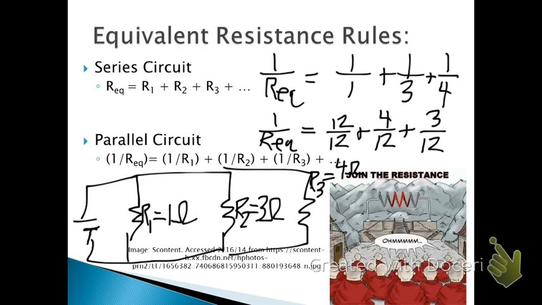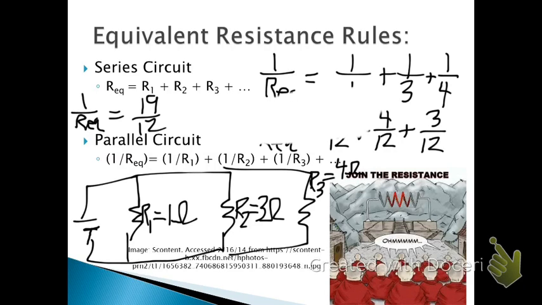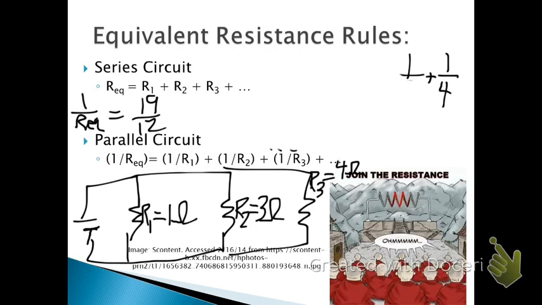And 12 plus 4 plus 3 is 19, so 1 over my equivalent resistance would be 19 over 12, which means to solve for my equivalent resistance, all I'd have to do is flip this fraction. So that'll be 12 over 19, and that would be that.